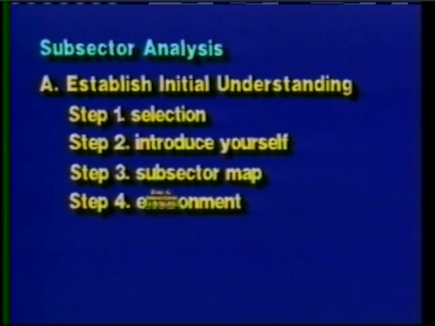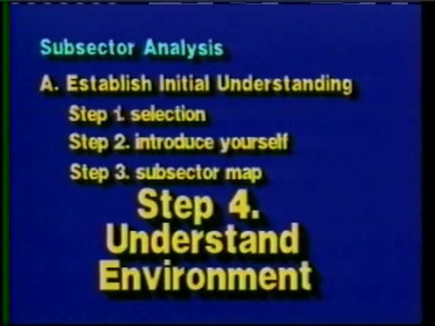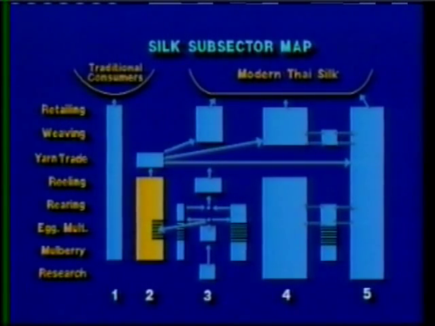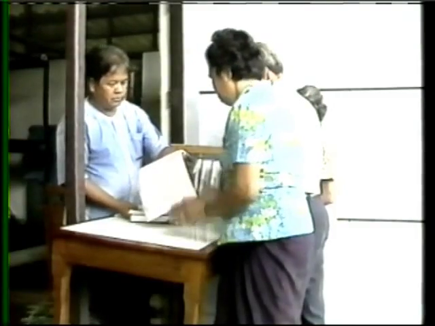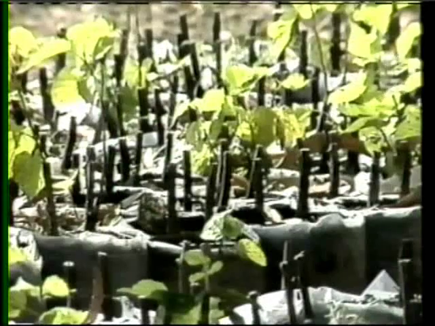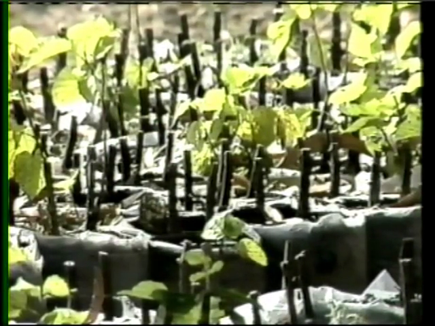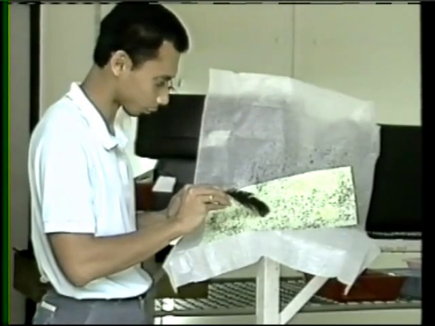The environment includes institutions and policies that affect the competitiveness and conduct of each channel. Household silk producers in Channels 2 and 3 depend especially on 2 institutions, the National Sericulture Research Institute and the Department of Agricultural Extension, for critical inputs: hybrid mulberry and egg sheets.